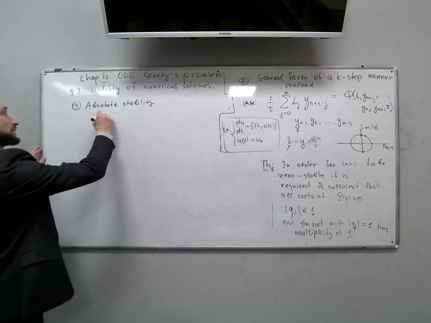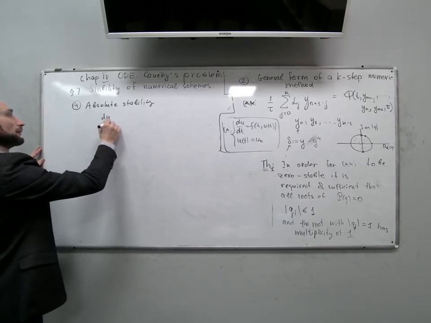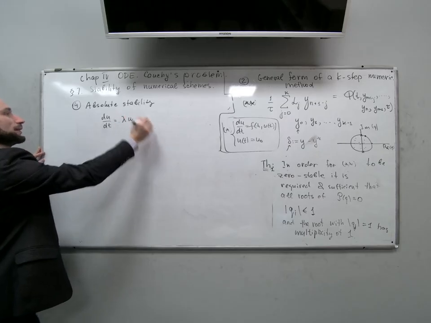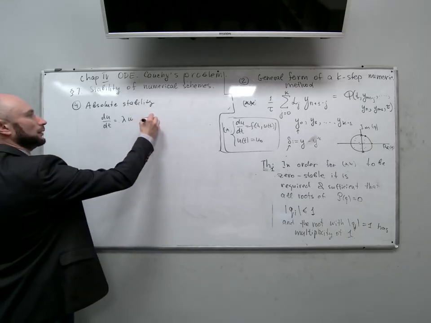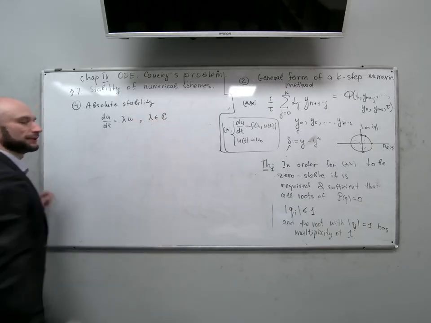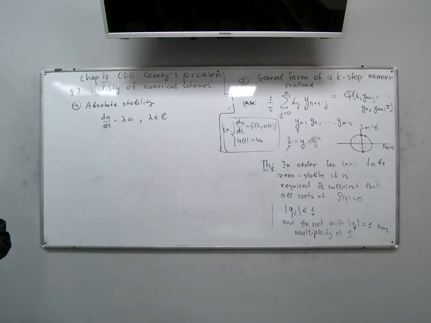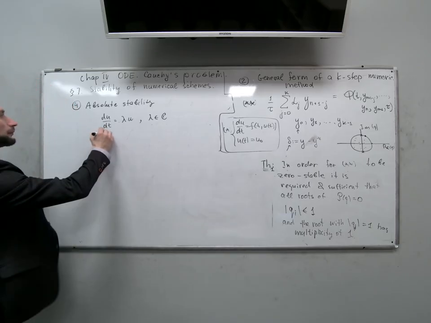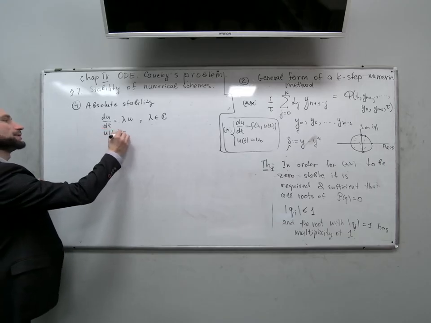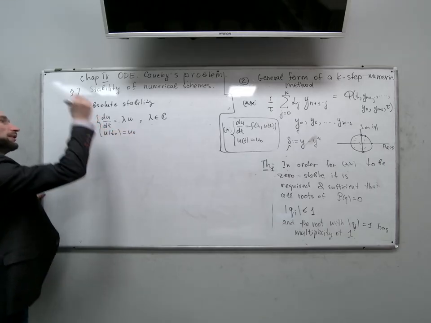So to discuss absolute stability, we need to consider a model equation of this form, with any complex lambda. This is just a number. u of t0, as usual, is equal to some initial value.